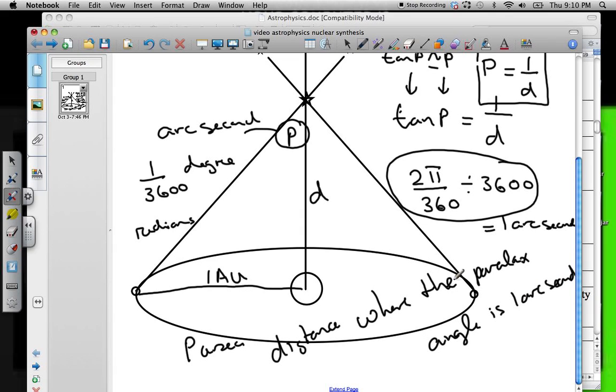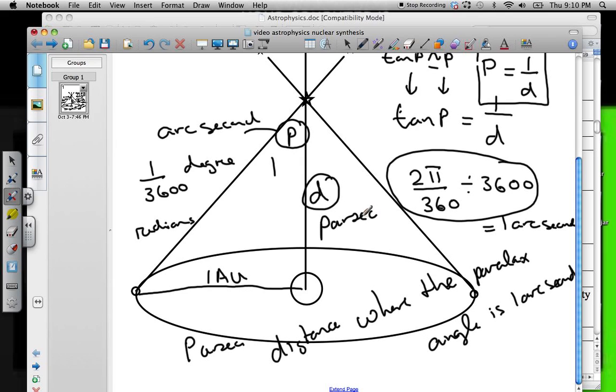Running out of space. So that is your 1 arc second. If this is 1 arc second, then we have that this D is equal to a parsec.